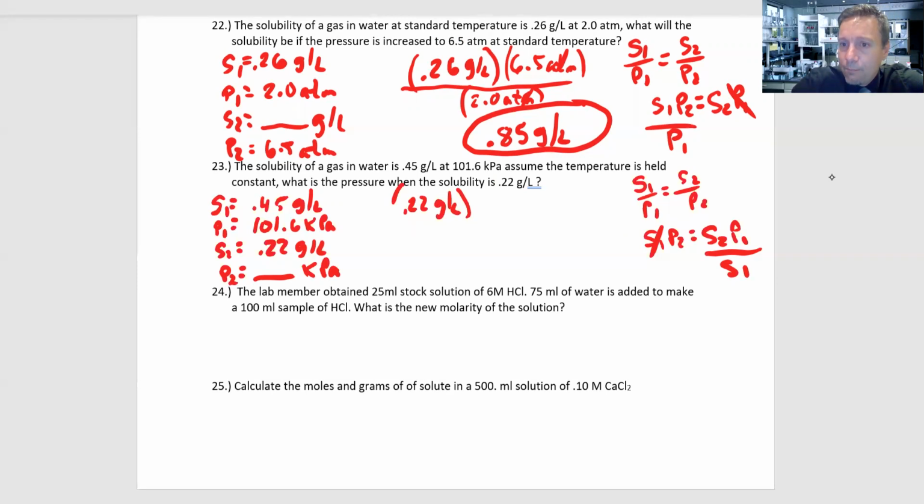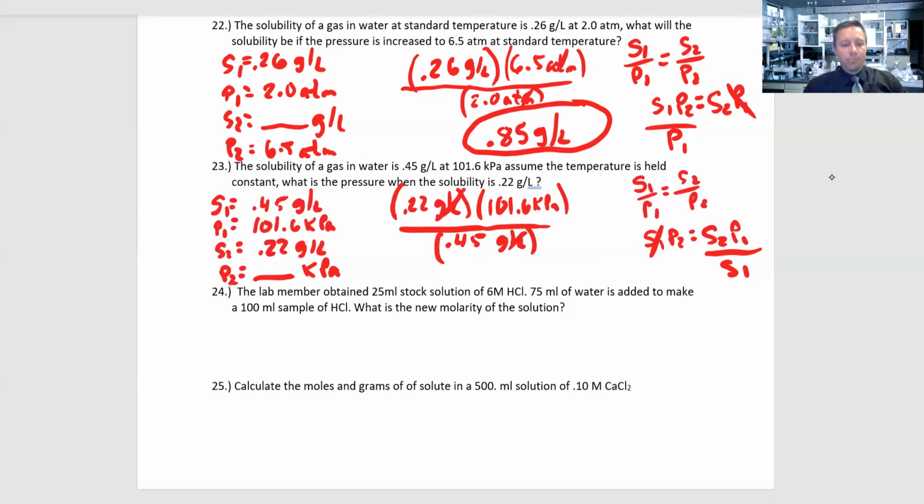And my pressure 1 is 101.6 kPa. And my solubility 1 is 0.45, and that's grams per liter. And grams per liter cancel off, leaving me in kilopascal. So now let's plug this in.